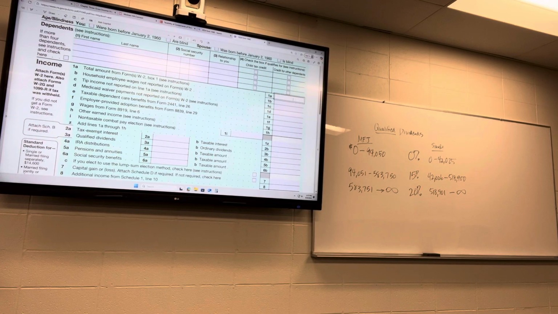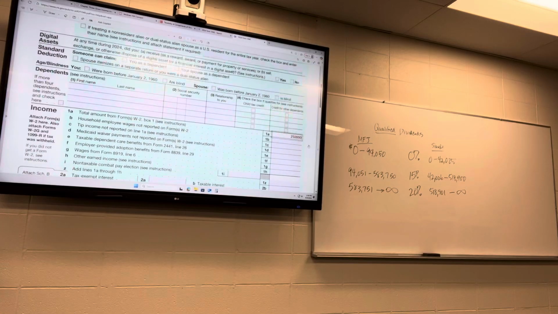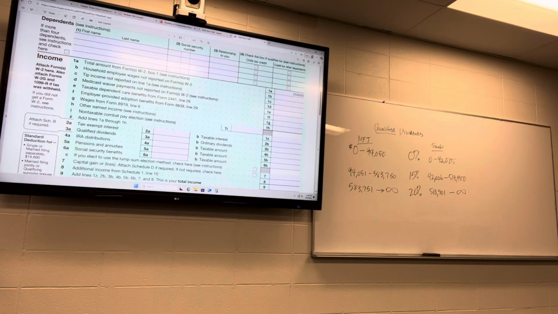They had $250,000 of wages, total dividends of $7,500, and qualified dividends of $2,000.